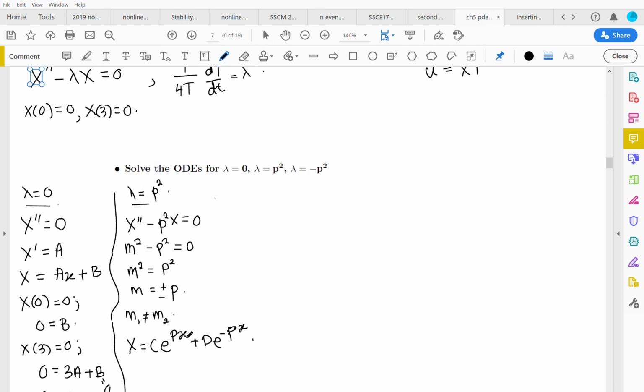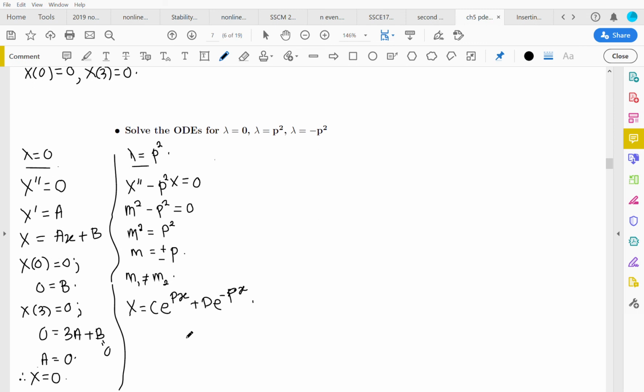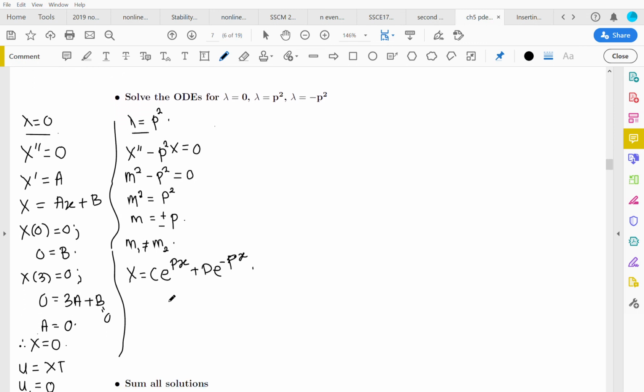So again, we have the conditions, we can use them now. The first condition, X at 0 equal to 0, so we have 0 here, and exponent 0 is equal to 1, so we have c plus d. And for the second condition, we have 0 equal to c exponent 3p plus d exponent negative 3p.